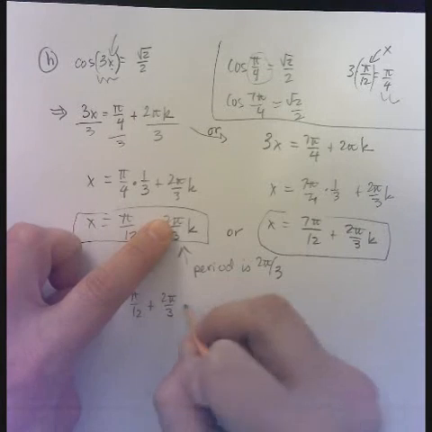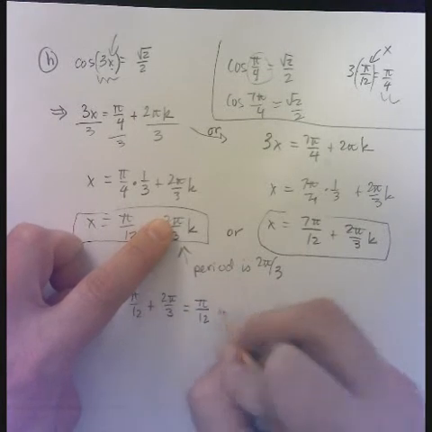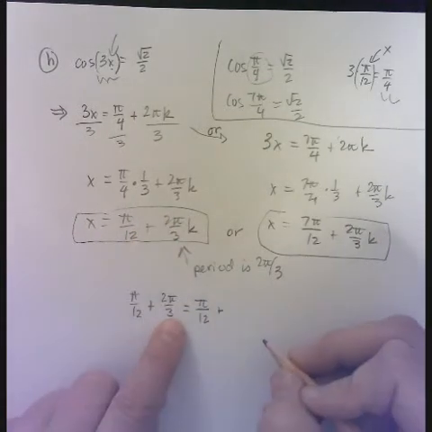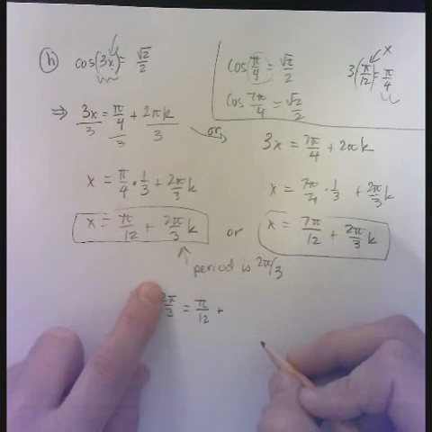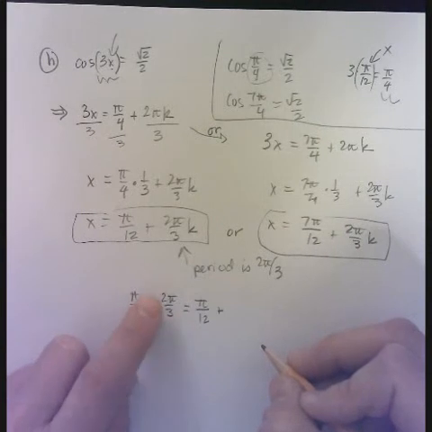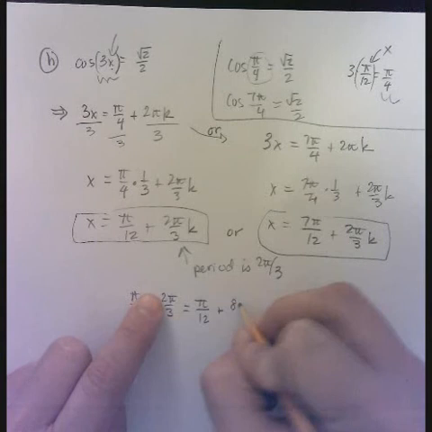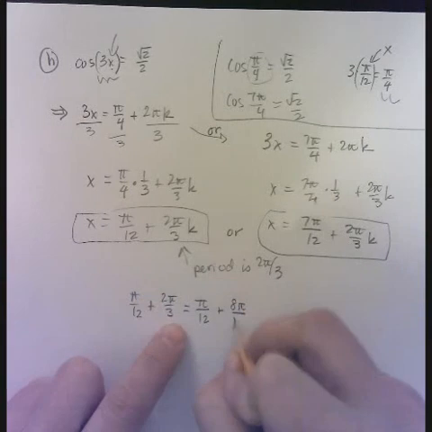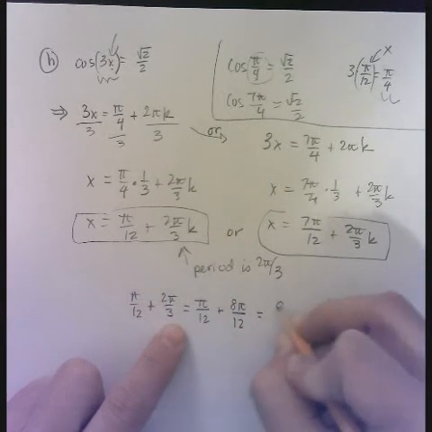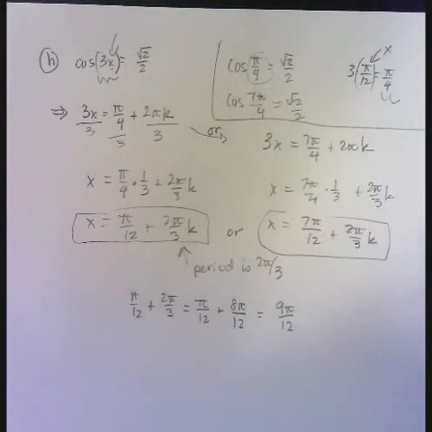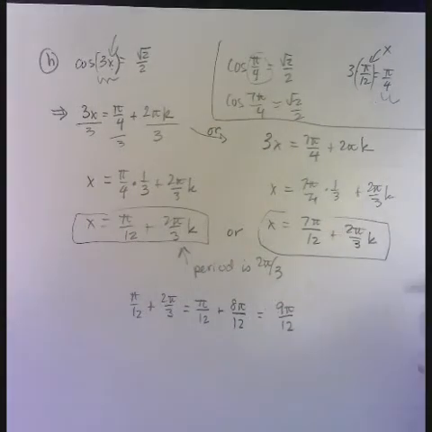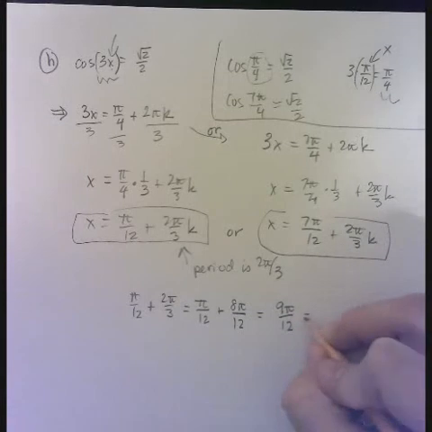We want a common denominator, which would be 12. So I'll take this times 4 over 4. 4 times 2 is 8, so we'll get 8 pi. 3 times 4 is 12. So now I've got 9 pi over 12, which actually simplifies because these are both divisible by 3. So divide both by 3, and I get 3 pi over 4.